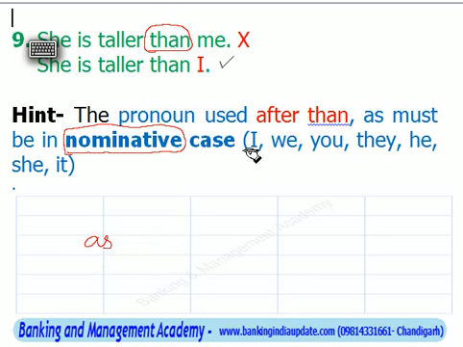Nominative case simply means I, we, you, they, he, she and it. This sentence makes a comparison by using taller than. It cannot be followed by me. Nominative case, I, should follow taller than.